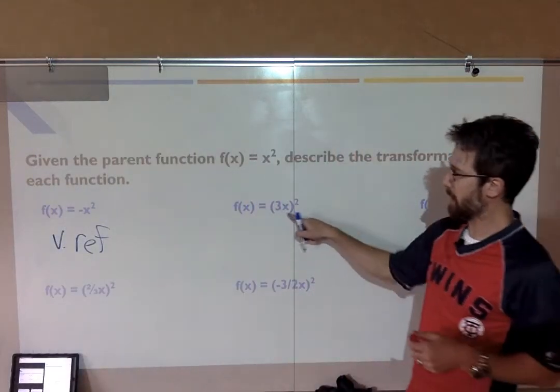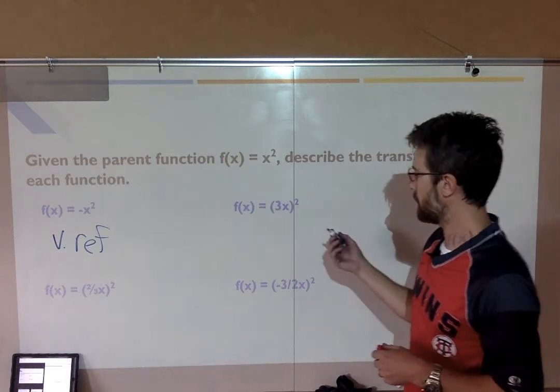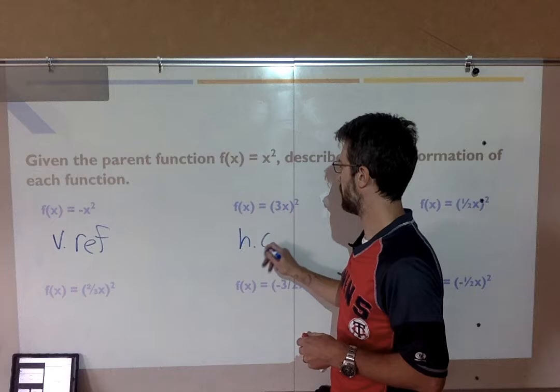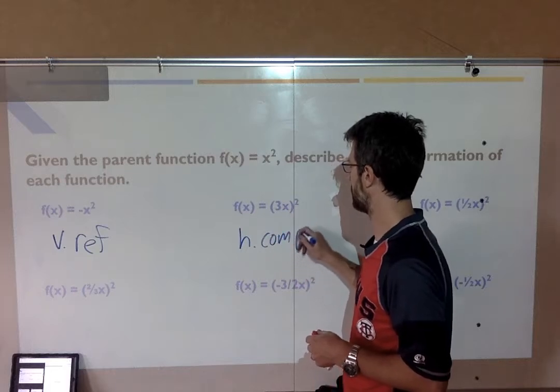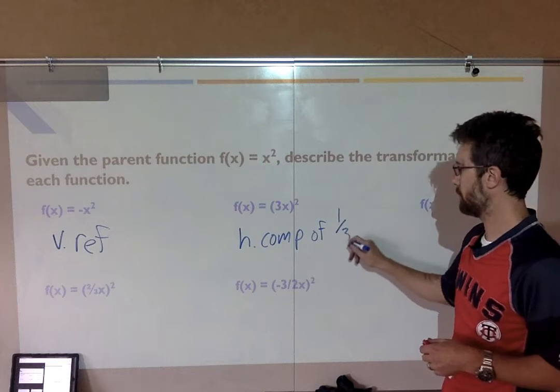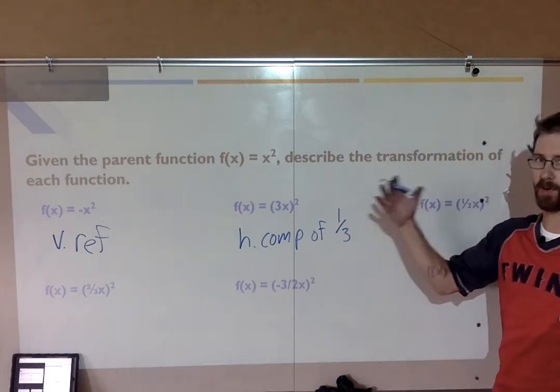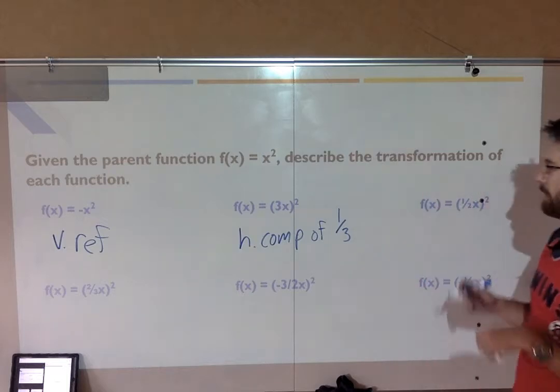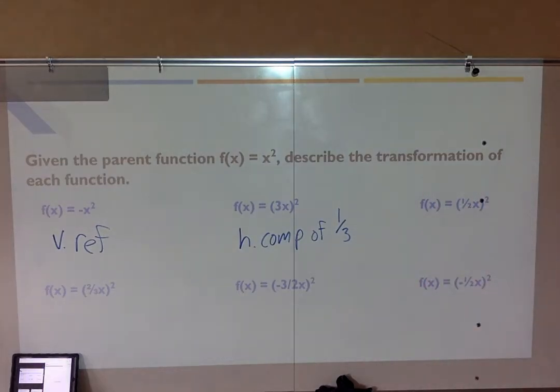Now we're multiplying on the inside, we're in the home, so horizontal homie. This is going to be a horizontal compression of 1/3. So it's going to get 1/3 the size horizontally. It's going to squeeze in by a factor of 3. So horizontal compression of 1/3.